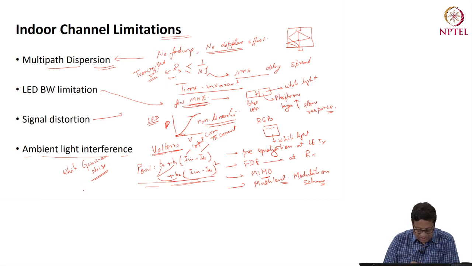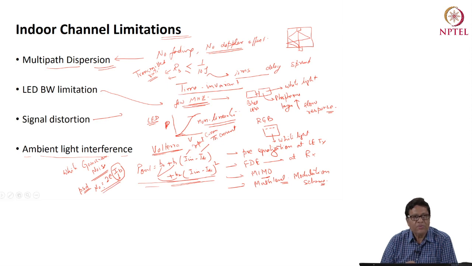The one-sided power spectral density N0 will be 2E into IB, where IB is the current coming from ambient light sources. These could be natural or other sources which are not part of the communication. So this IB can be modeled as white Gaussian noise, which is 2E IB.